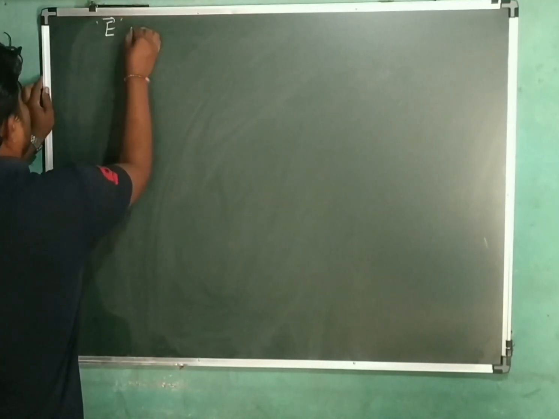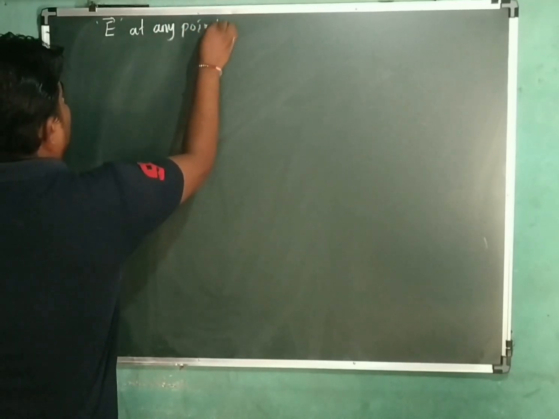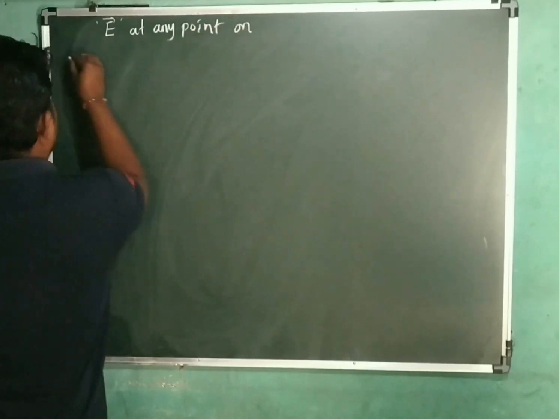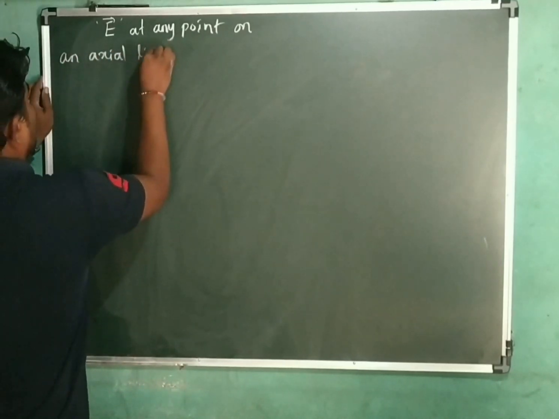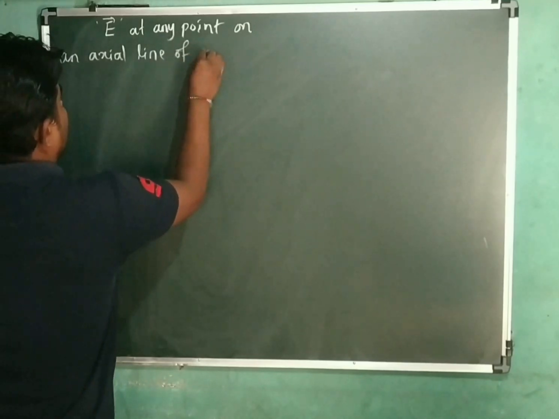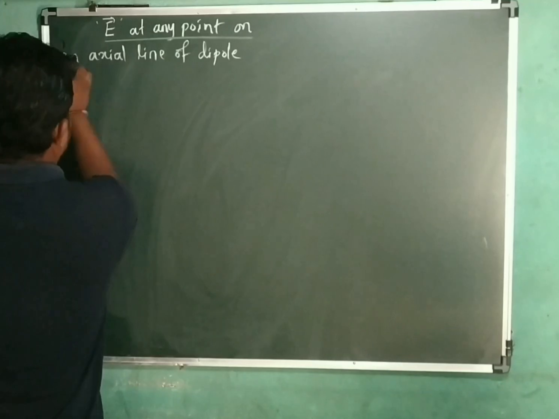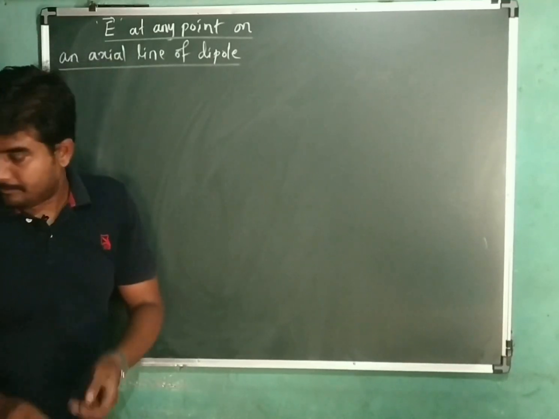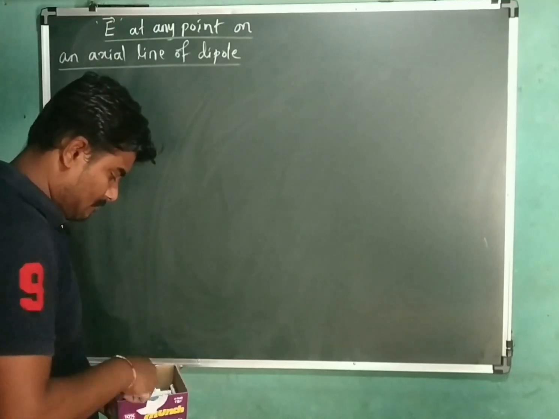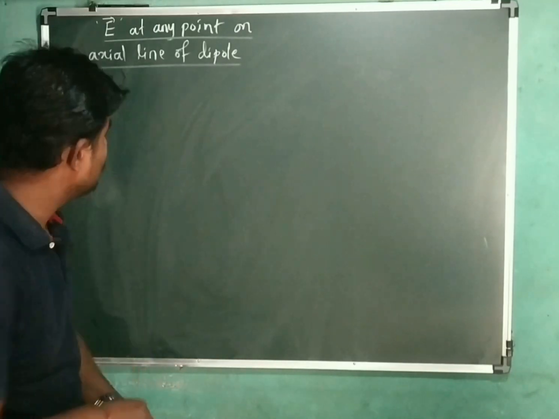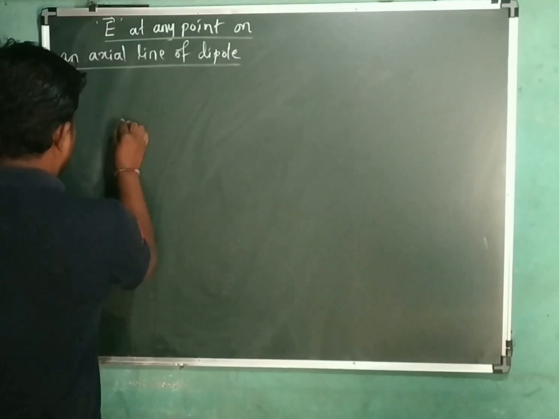Electric field intensity at any point on an axial line of dipole. See, for this we shall consider a dipole.